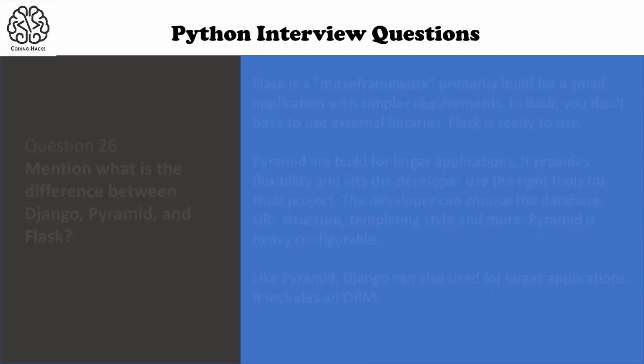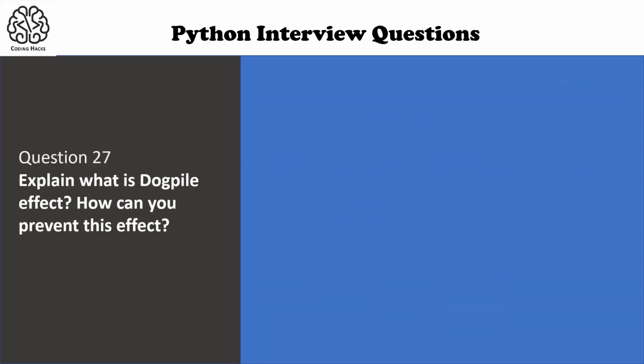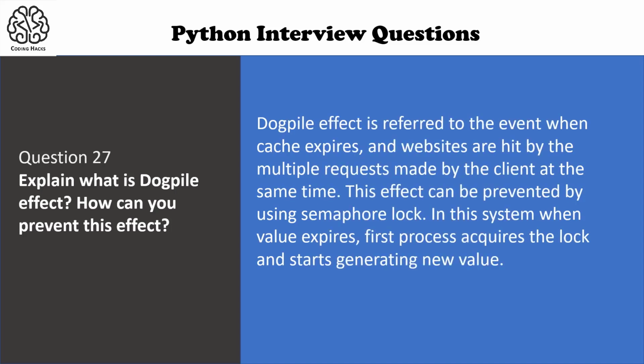Moving to the next question, explain what is Dogpile effect. How can you prevent this effect? Again, this is a very important question. Dogpile effect refers to the event when the cache expires and websites are hit by multiple requests made by the client at the same time.